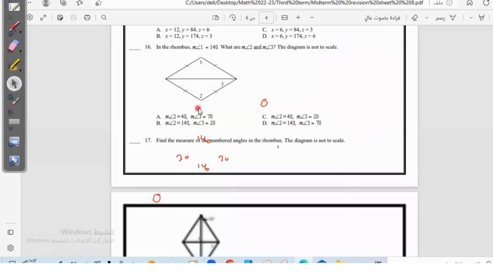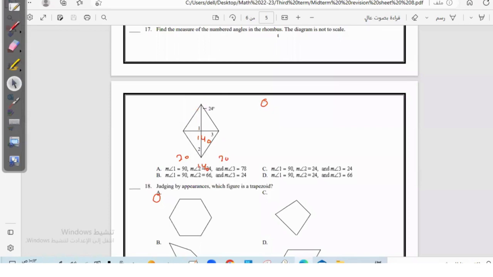Now, what about number 17? Yes, Ahmed? Number 17 quickly. So in this rhombus, this angle equals 24, and this is 90. This is 90 also, so angle 1 equals 90.